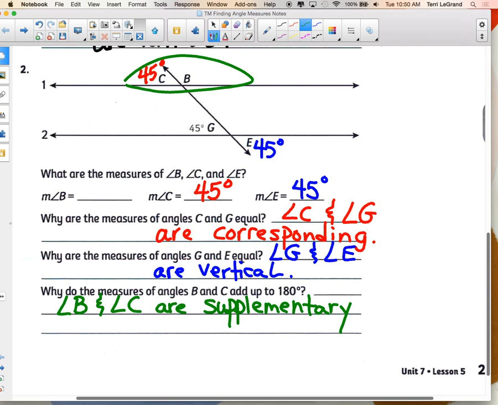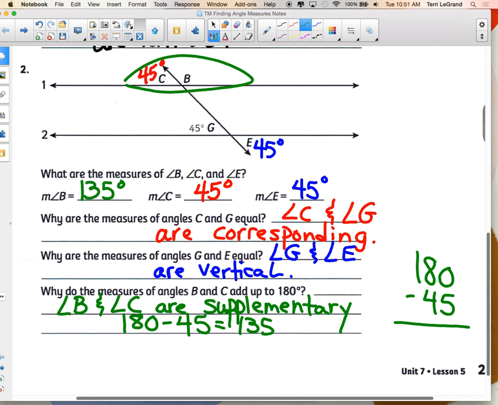What could we do? Yeah, we have to take that 45 away from 180 so that we know how much is left. So you might have to come over here and actually do the subtracting for this one. Figure out what's 180 take away 45. There is 135. Anybody want to agree with it? Okay, we're going to go with it then. 135. So we're going to say the measure of angle B is 135 degrees. We'll come up here and stick it in our drawing also.